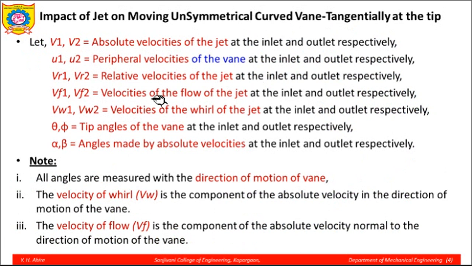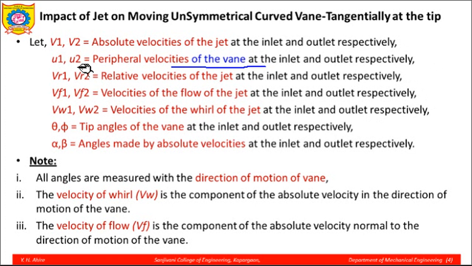Now first we try to understand the notations. Let capital V1 and capital V2 represent absolute velocities of the jet at the inlet and outlet of the vane respectively. Small u1 and u2 are the peripheral velocities of the vane at the inlet and outlet respectively.